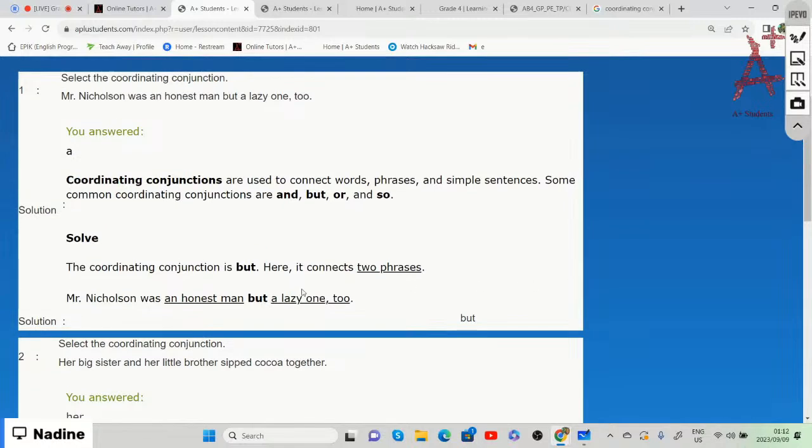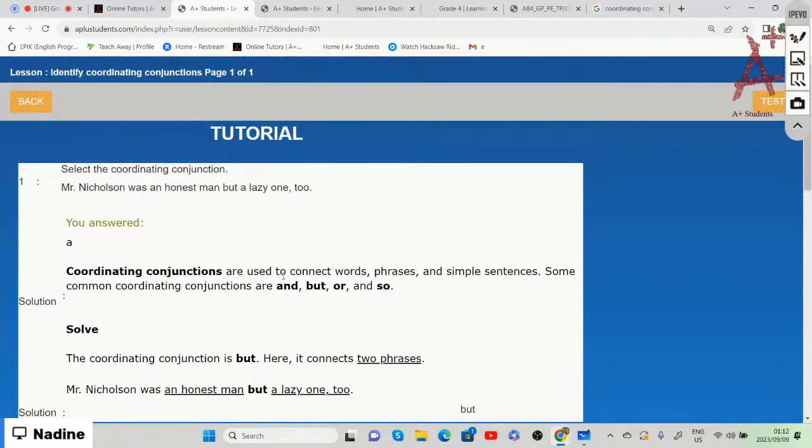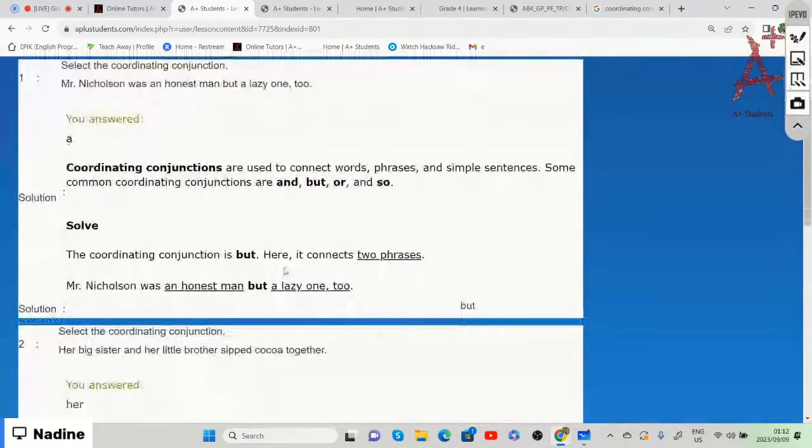All right, we need to select the coordinating conjunction. Mr. Nicholson was an honest man, but a lazy one too. So Mr. Nicholson was an honest man, but a lazy one too.